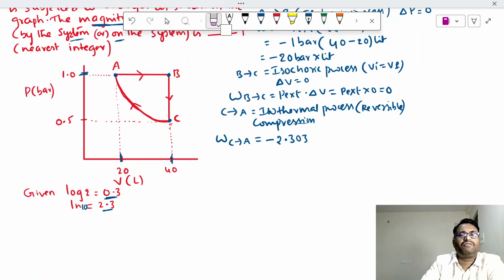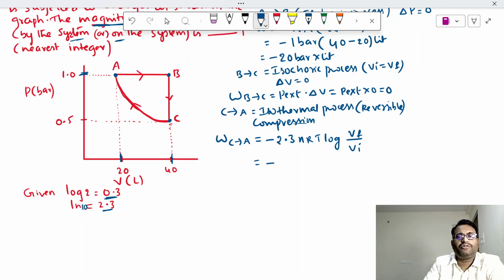Here, log 10 is given as just 2.3, so we are using only 2.3 here, right?